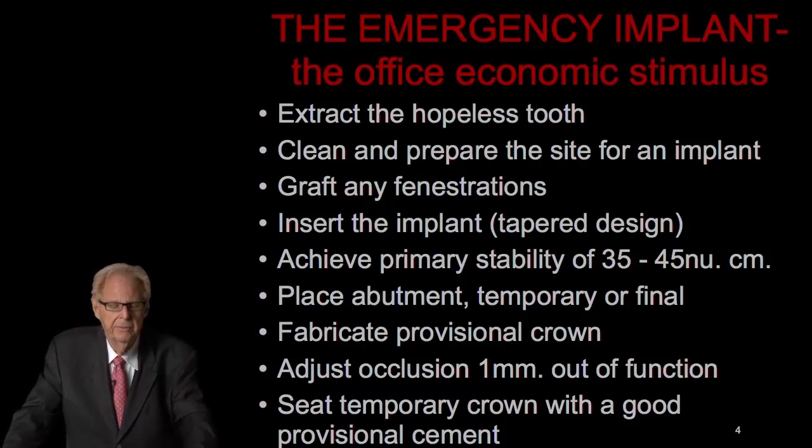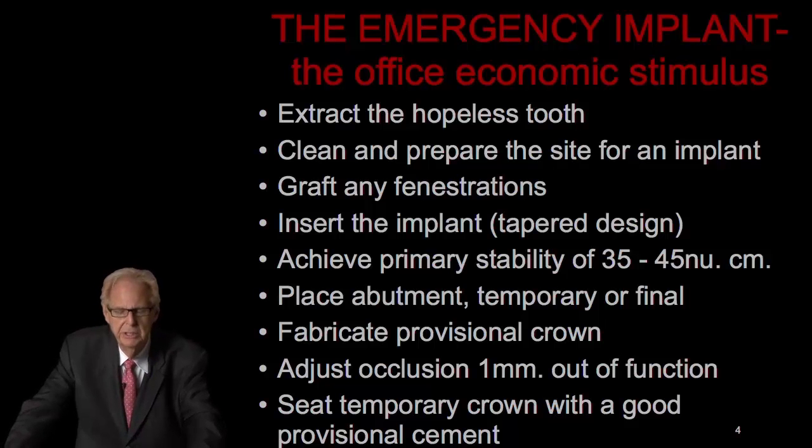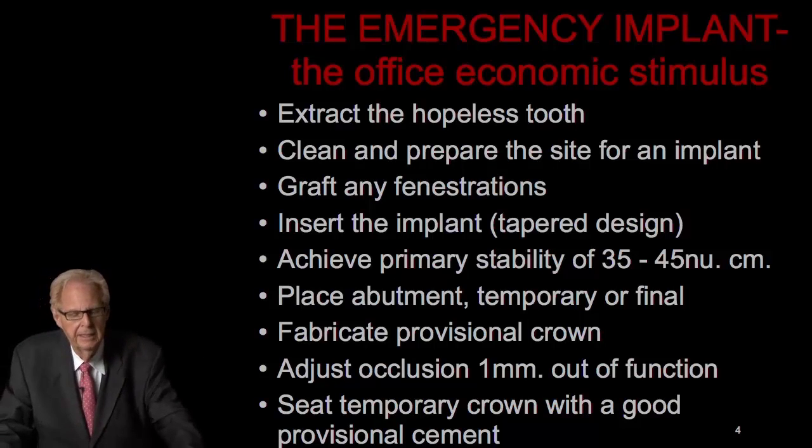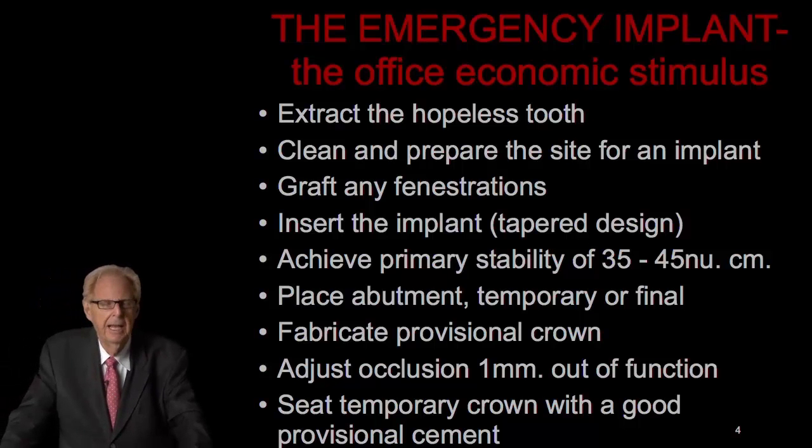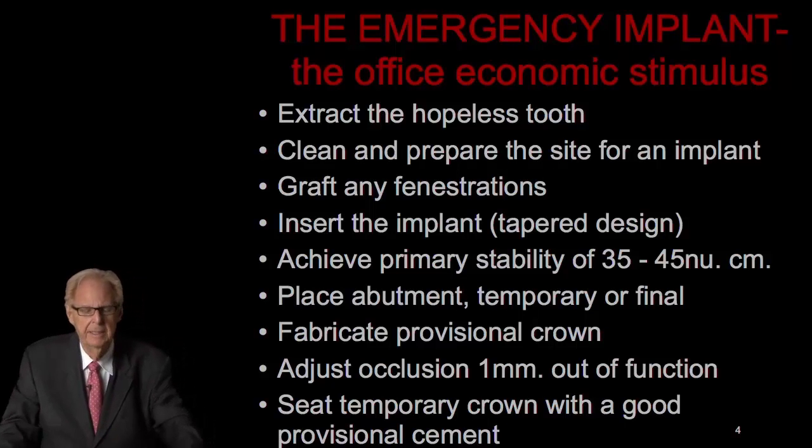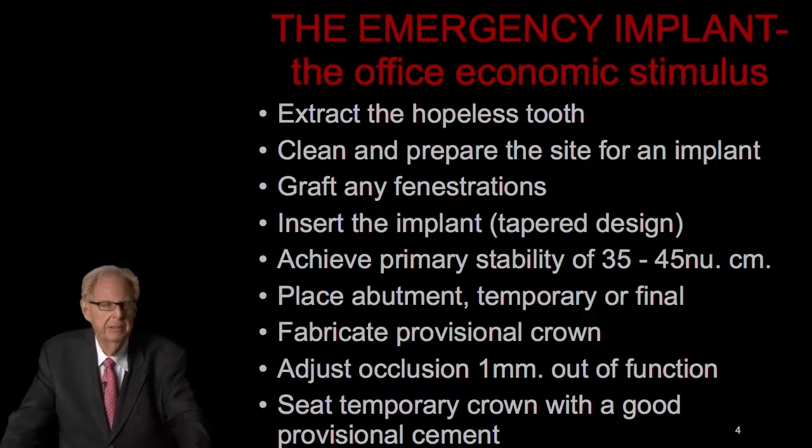And we're going to go through the discussion on the preparation of the site, the insertion of the implant, making sure that the system that I use, which is Replace Select, or in the last year we've been also using some Nobel Active. Again, both of these are tapered implants, and we're looking at primary stability of 35 to 45 Newton centimeters. We can place an abutment, and we'll discuss the abutment options and the provisional crown.